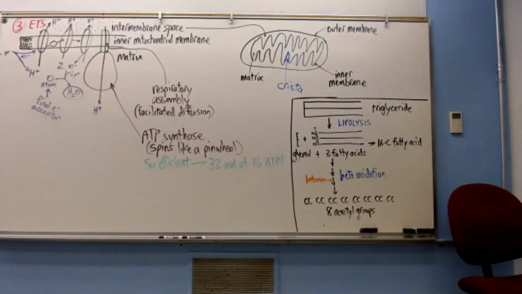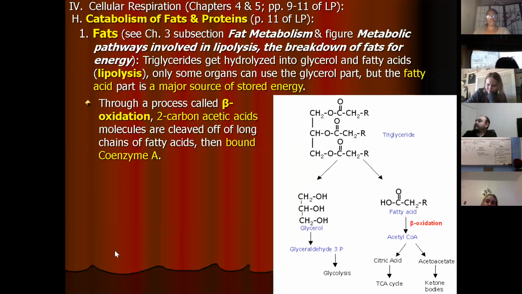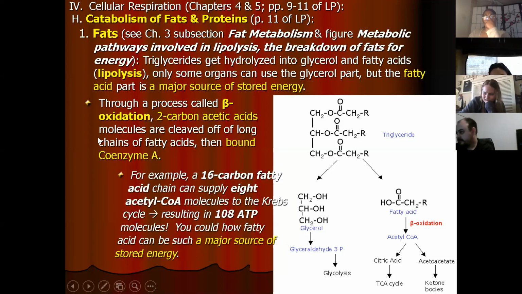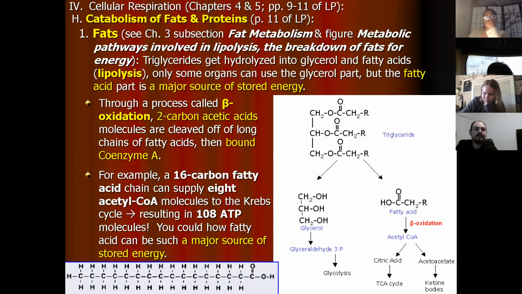All you got to do with each of those acetyl groups is put a coenzyme A on it. And they go right into the Krebs cycle. If you put 8 Krebs cycles together, you're going to get enough NADH and FADH2s to get you 108 ATPs, because this is 8 Krebs cycles.